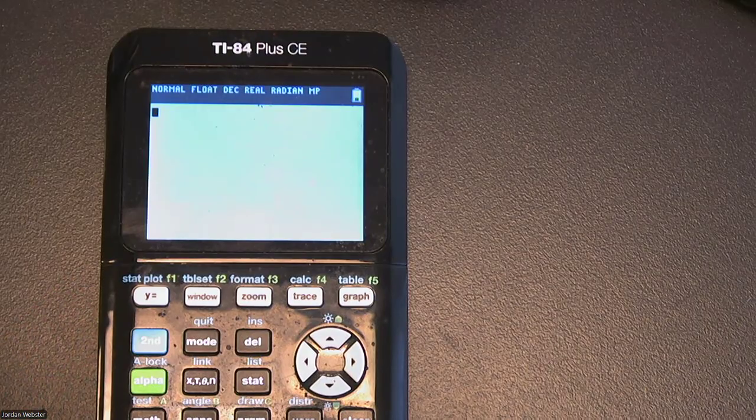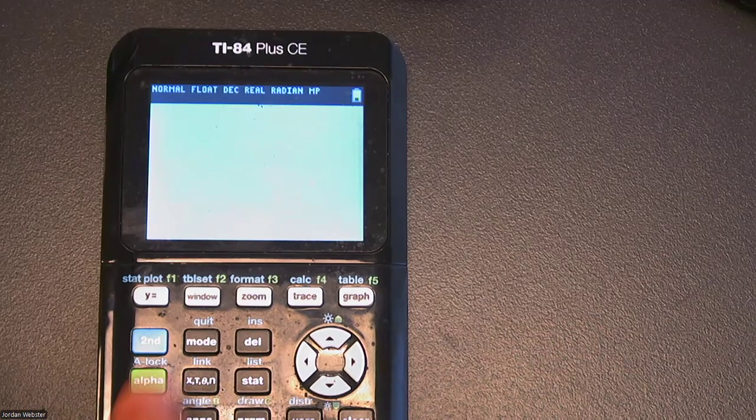Now I want you to notice that on the variable button, it had X, T, theta and n. Right now, if you hit the variable button, because you're in polar mode, it's going to give you the variable theta, just like when we were in rectangular function mode, it would give me the variable x.